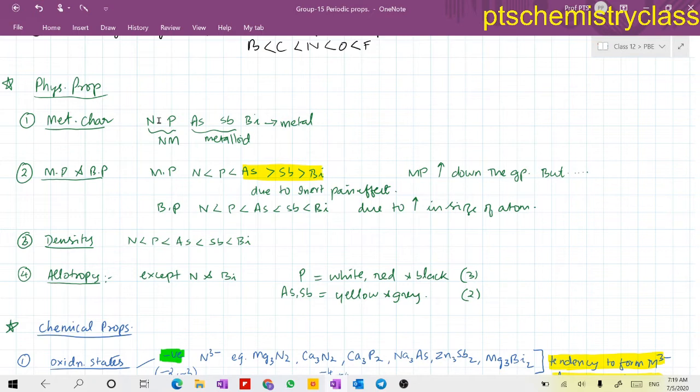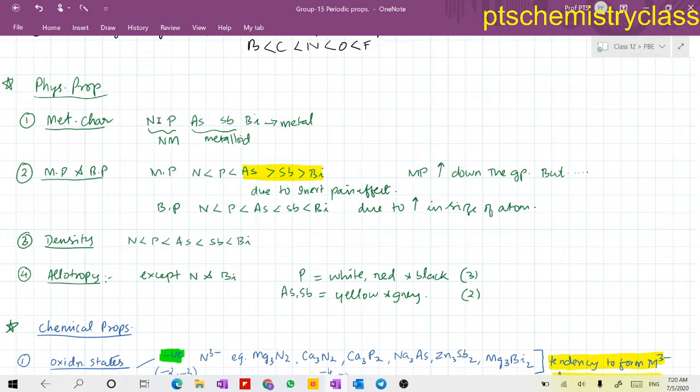So the first two elements are generally non-metallic in nature, and the next two elements will be generally metalloid in nature, and the last one will be metal in nature. This will vary from group to group. In general, metallic character increases down the group.